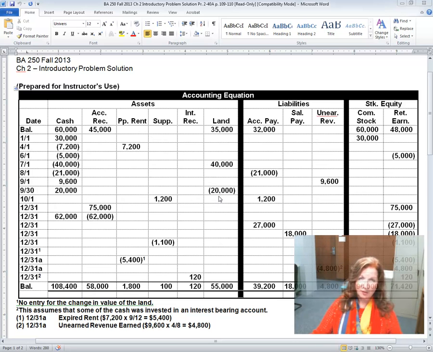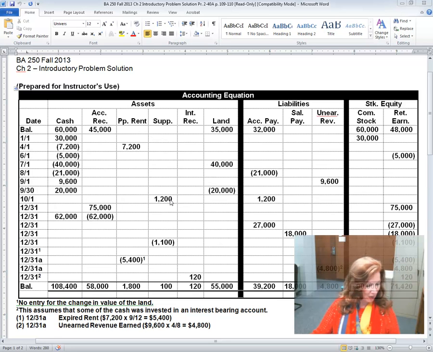On October 1st, purchased $1,200 of supplies on account. So October 31st goes in for the date. Purchased $1,200 of supplies. That's on the asset side.